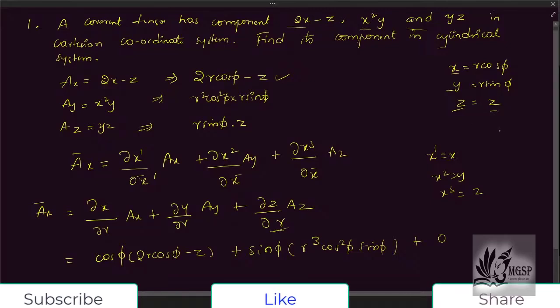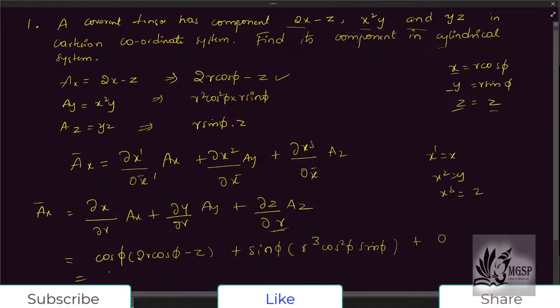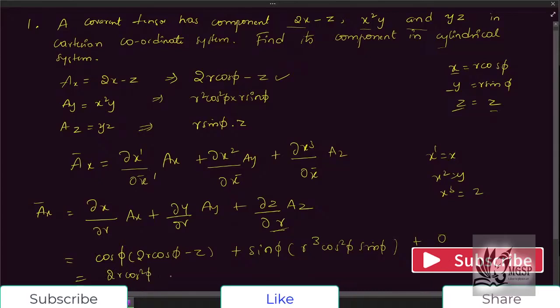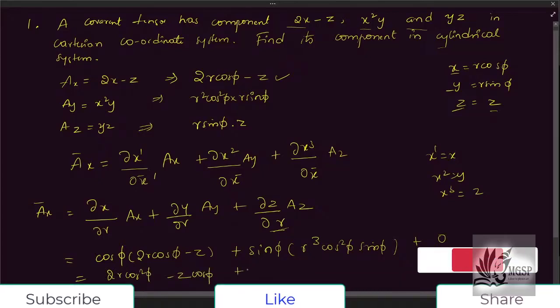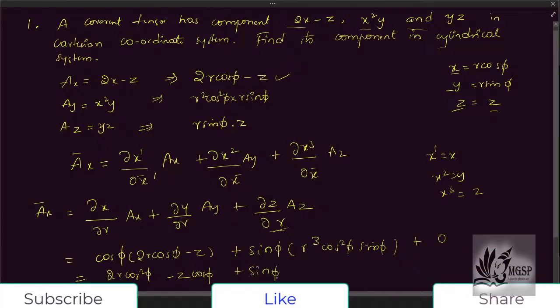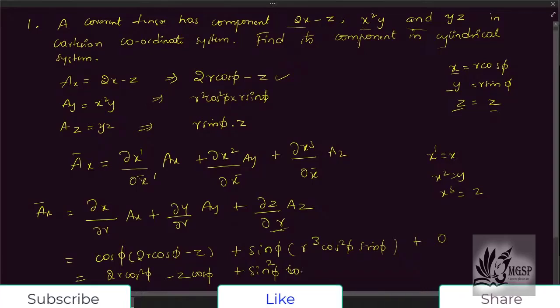Differentiation of z has no r term, so that is 0. So next we are going to get 2r cos square phi minus z cos phi, just multiplying it, plus sin square phi cos square phi into r cube.